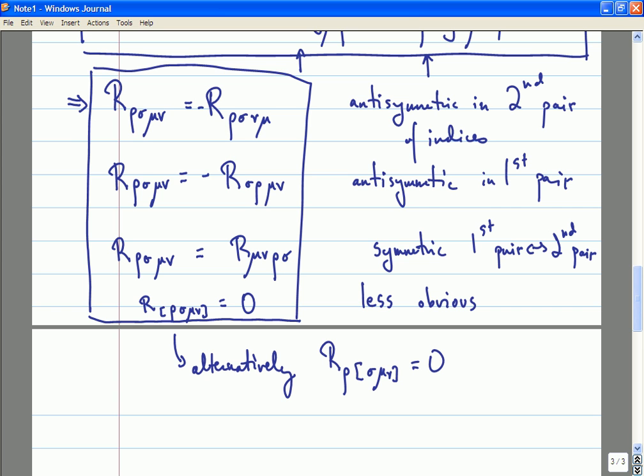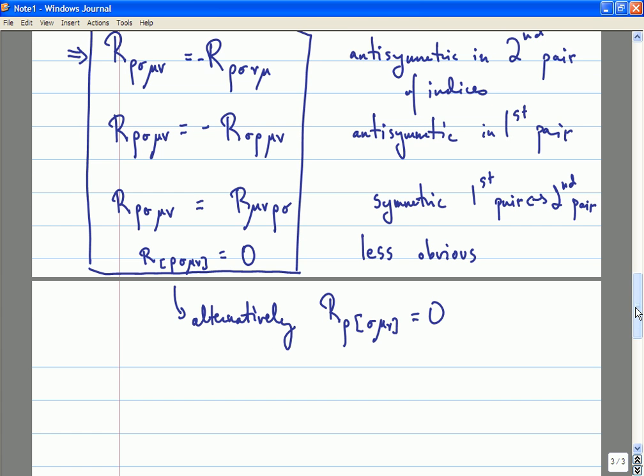Okay. So the Riemann tensor is not just any 4-index object. Because of the way the Riemann tensor is constructed, it has a lot of different symmetry properties. And so the question that I would then like to ask is, how many degrees of freedom are there in the Riemann tensor?